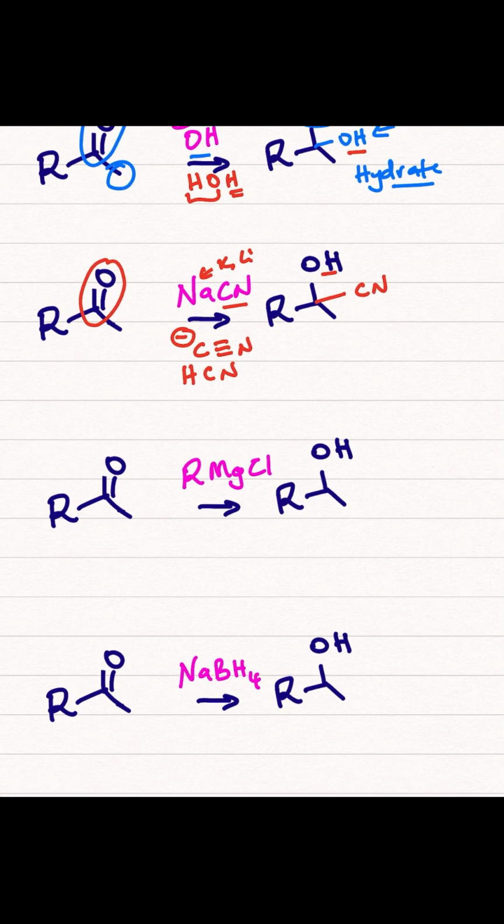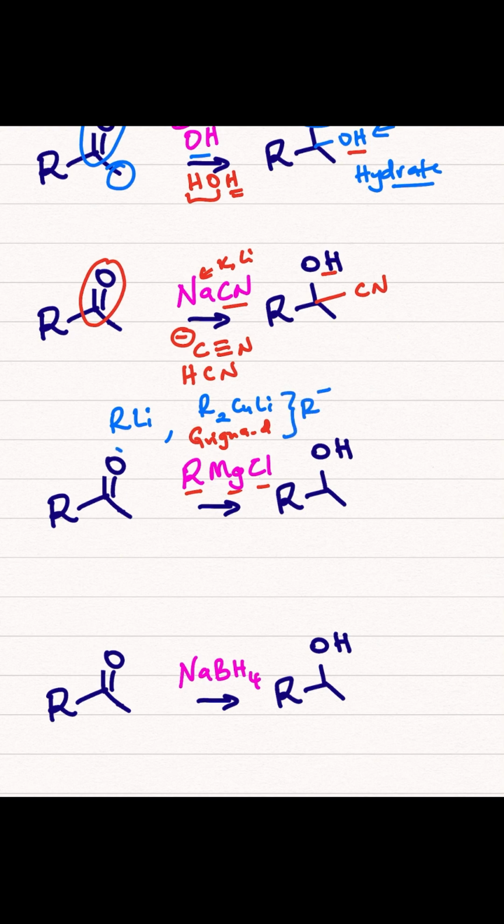Next, reaction with alkyl magnesium chloride, and that's the Grignard reagent. But you can also use other types of organometallic reagents like alkyl lithium or cuprate reagent, dialkyl copper lithium. All of them will give the R minus nucleophile.